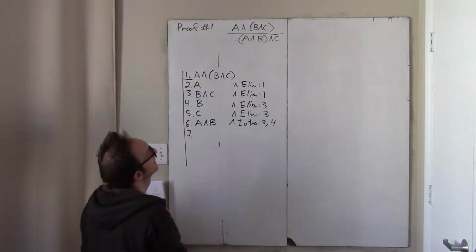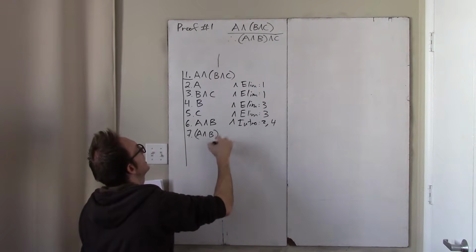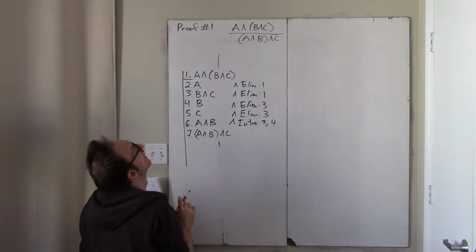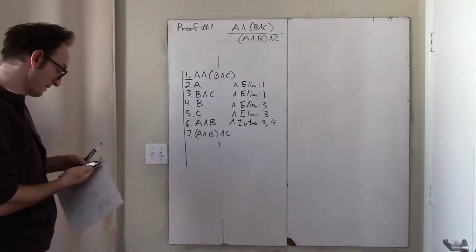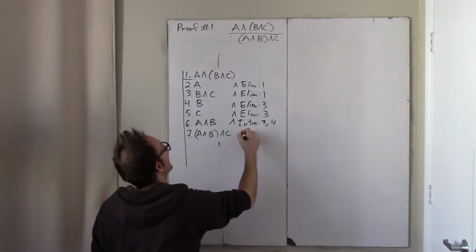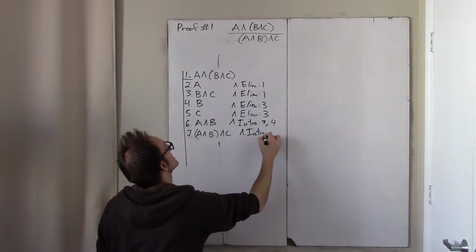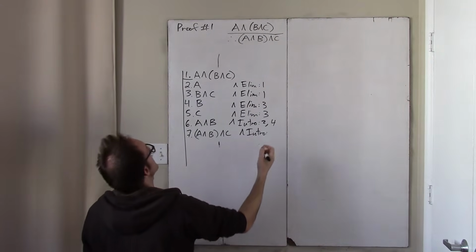And finally, I and together line 5, and I get the thing that I want, justification and intro, 6, 5.